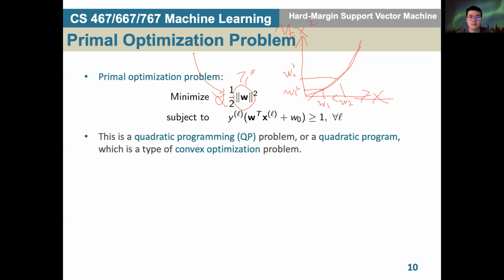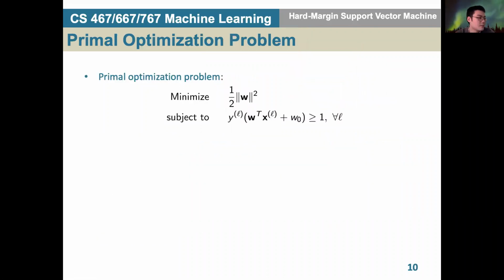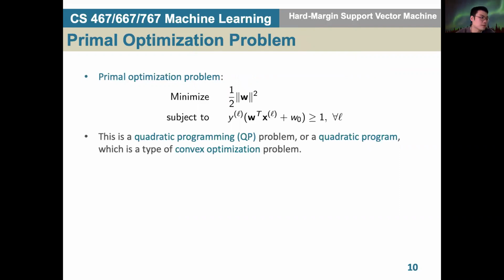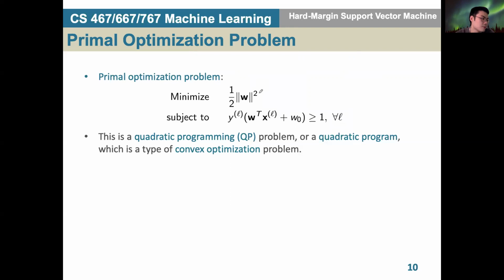So we are changing to this shape because we want to make it mathematically easy to handle. Okay, so this is our problem, and why do we want to make such a problem? Why don't we just write minimize W? This quadratic makes it a so-called quadratic program, a QP problem.